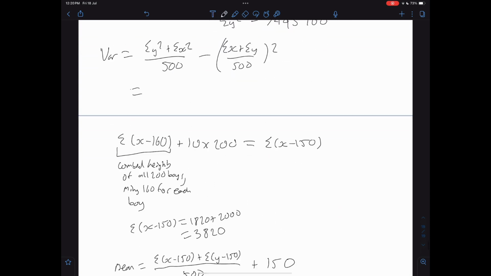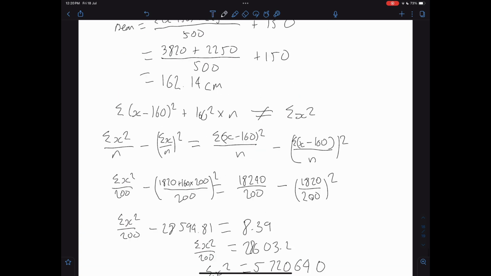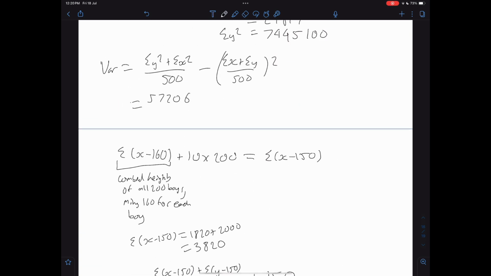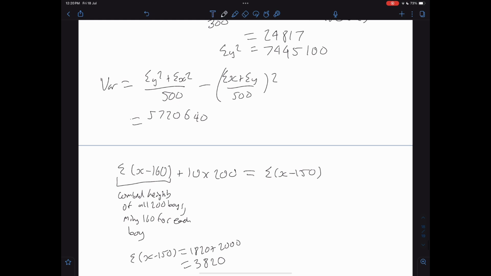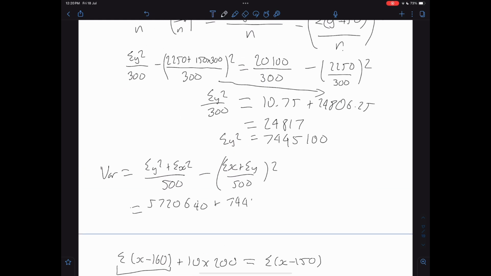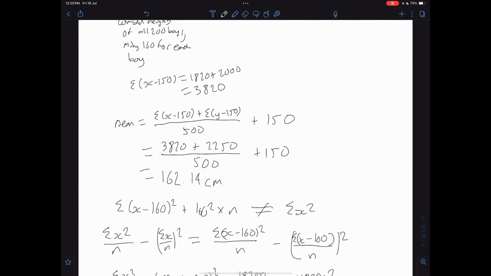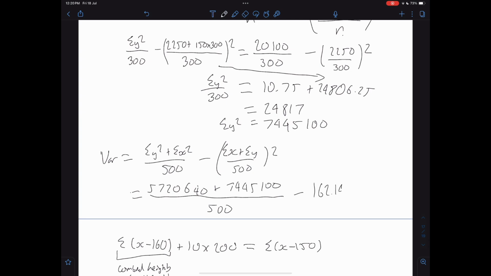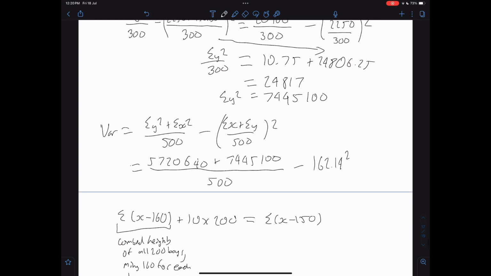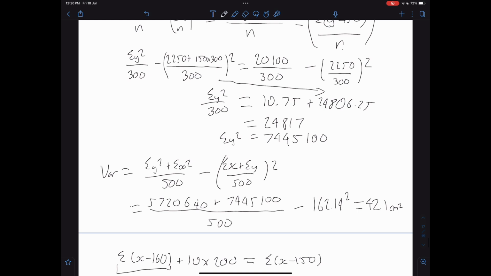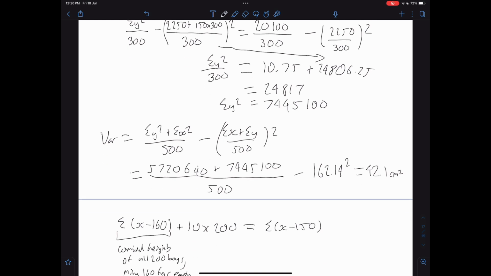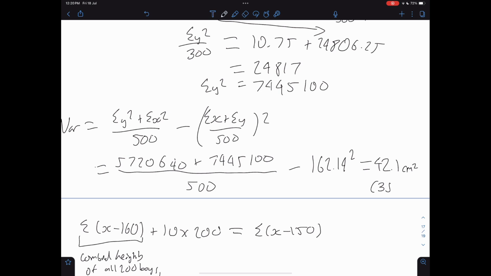So our x squared is 5,720,640, yep, plus our y squared minus our mean squared, so that gives us 42.1 to 3SF, and this is going to be in centimetres squared because they're given in centimetres, and variance, because we're squaring, will give units of centimetres squared, and this is to 3SF.